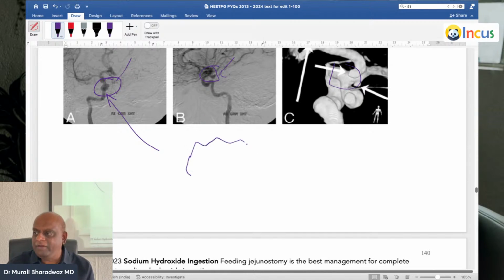Now, typically, when will you get a hemiplegia or any focal neurological deficits? If the bleed is in the cerebral parenchyma, an intracerebral hemorrhage.